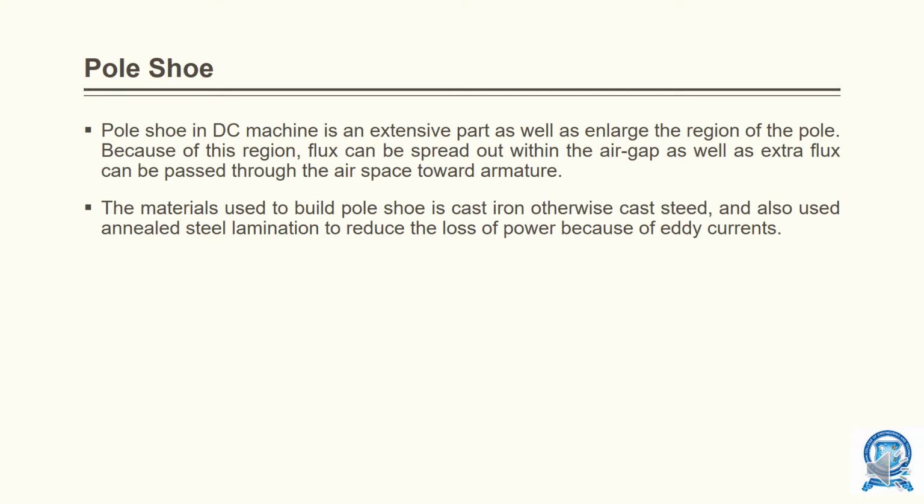Because of this area, the flux can be spread within the air gap, and extra flux can be passed through the air gap space toward the armature. The material used to build the pole shoe is cast iron, otherwise cast steel, and also annealed steel laminations to reduce loss of power because of eddy currents.